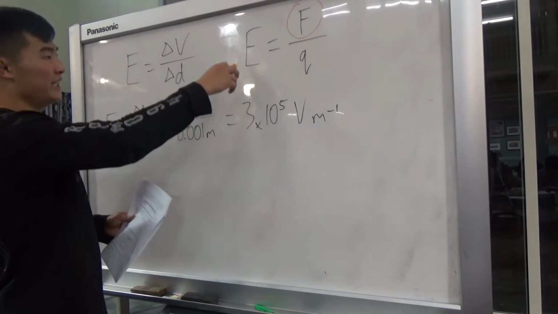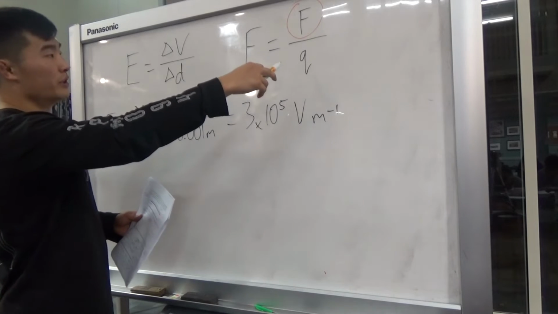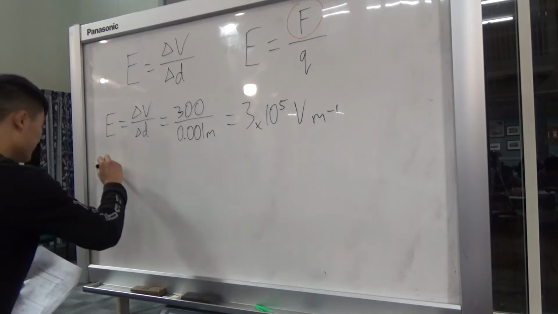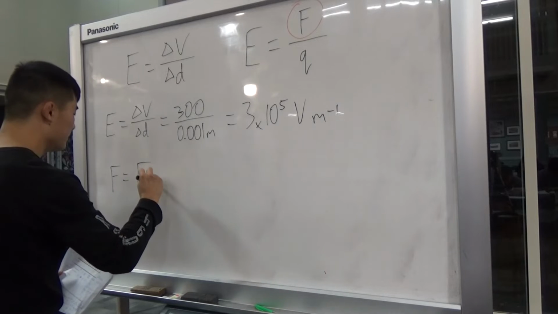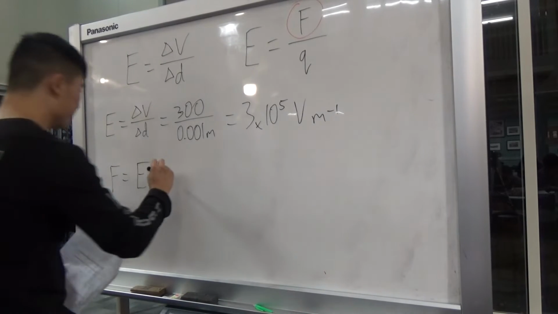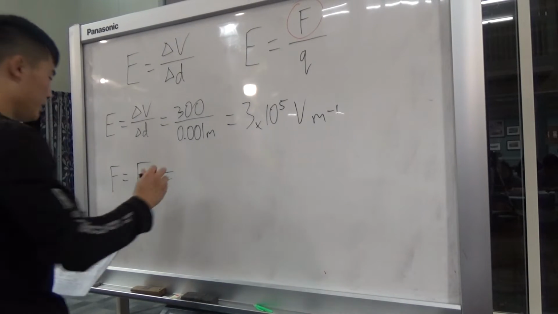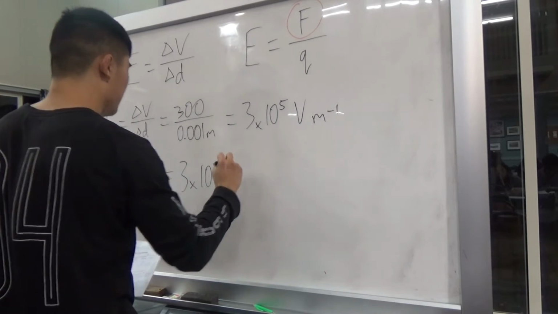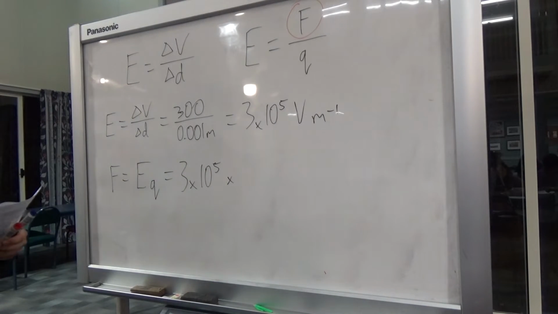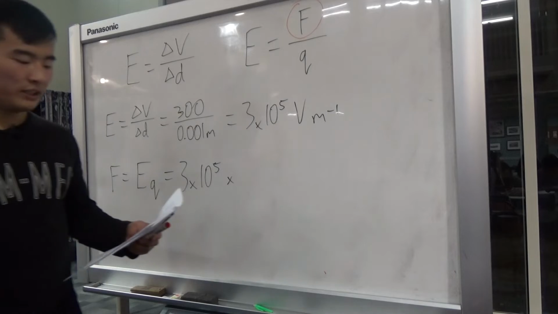And now that we know E and we know Q, we can rearrange for the force. So force is equal to E times Q. So E is 3 times 10 to the 5. And the charge, so remember it's an electron. We know what the charge is going to be.